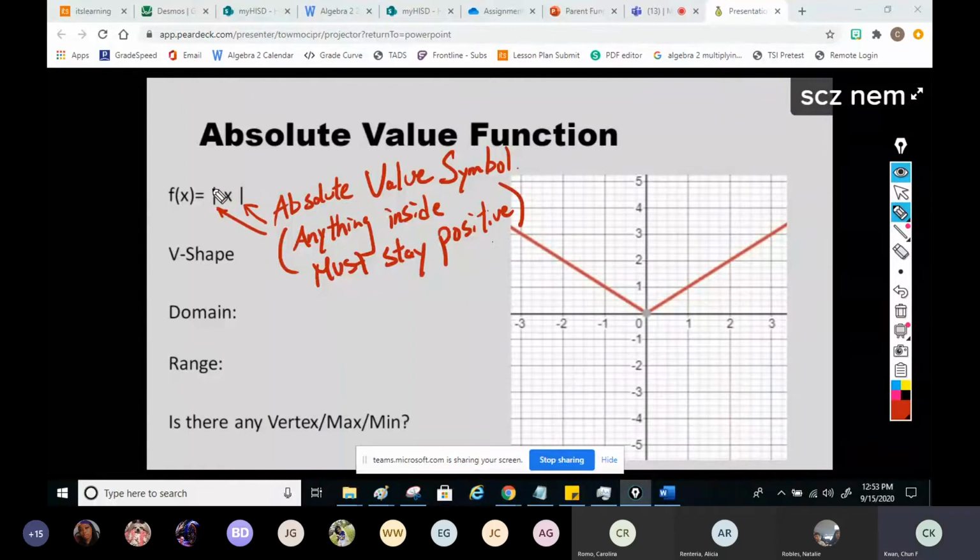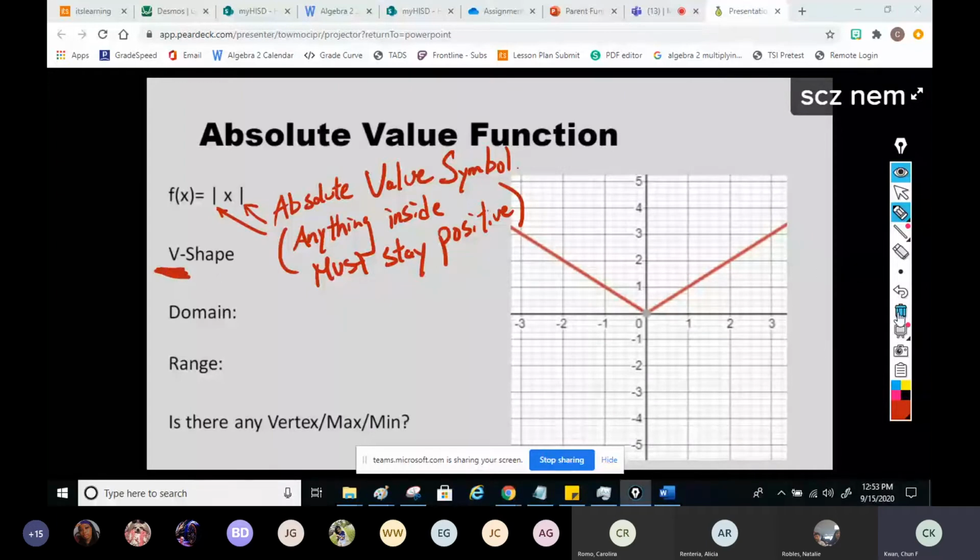So right here, if you put it around the x, whatever number x is, it has to stay positive. And that's what the absolute value symbol means, okay? So when you put an absolute value symbol, these two lines around something, everything inside must be positive. All right, it looks like a letter V.